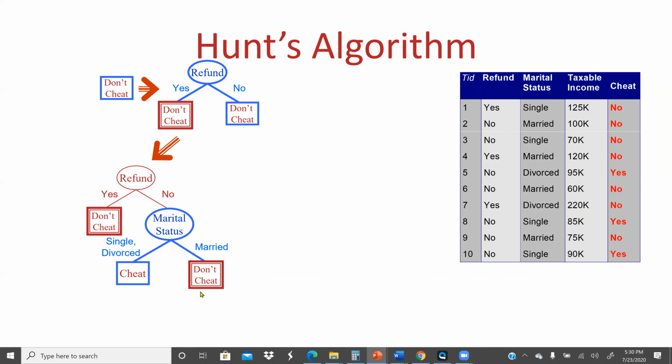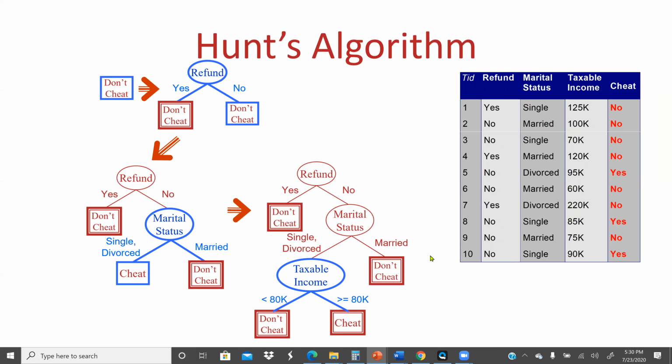If you are married, you don't cheat. And the list keeps going here. We have marital status again. If you're single or divorced, you have taxable income. If your taxable income is less than 80,000, then you don't cheat. If it's greater than or equal to 80,000, then you're going to cheat.